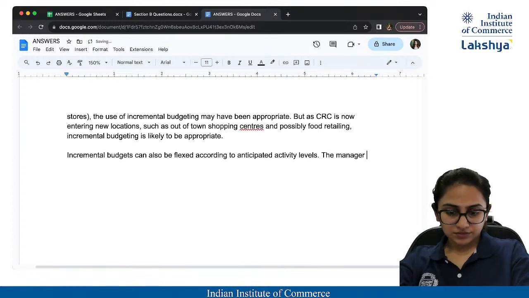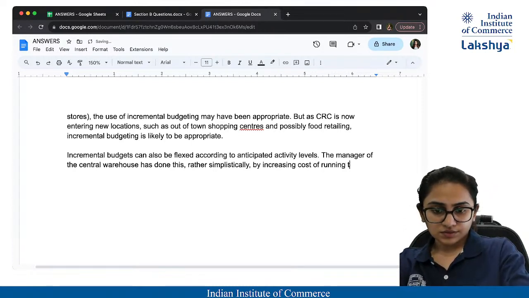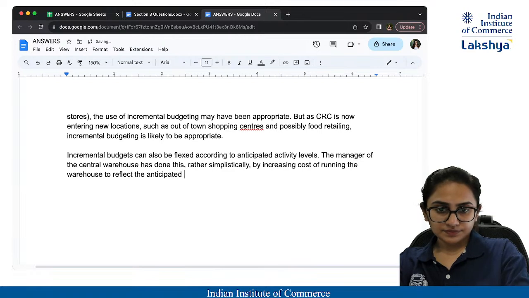The manager of the central warehouse has done this rather simplistically by increasing the cost of running the warehouse to reflect the anticipated increase in volumes in 2026.